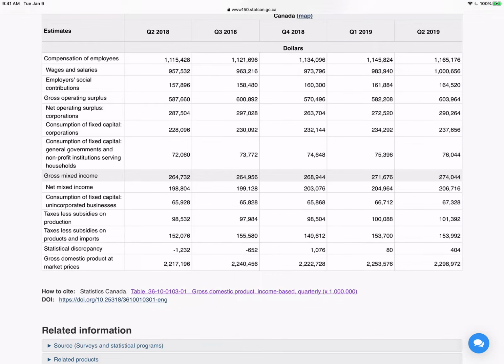So notice Q2 for 2019 is 2,298,972,000,000, and then we're going to have to add 6 zeros after that. For Q2 of 2018, it's 2,217,196,000,000, and again, we'll have to add 6 zeros.